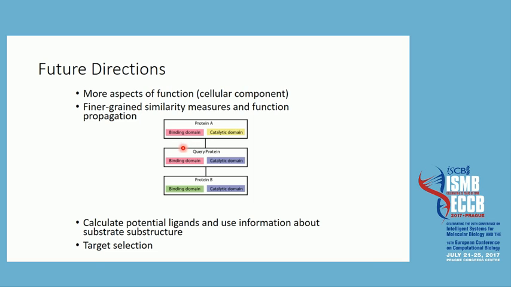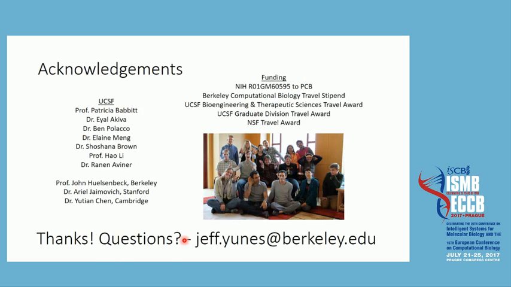We've talked a lot about this in this conference, but the whole point of this method is to really have finer grained similarity measures and propagate only the appropriate aspects of protein function. So if we can narrow this down even further into domains or regions, then that would be great. I'm very excited about the prospect of using substructure and that stuff, and I mentioned target selection already.